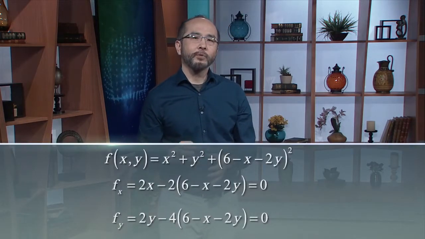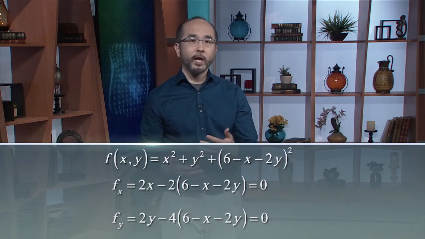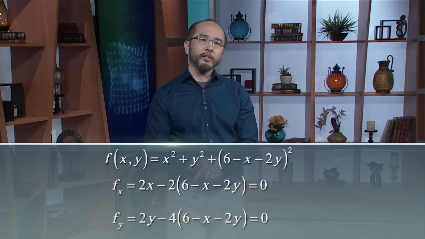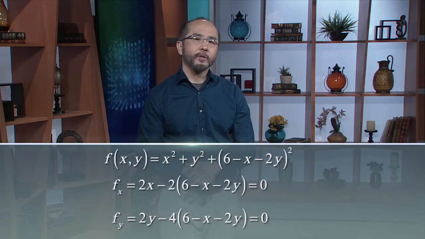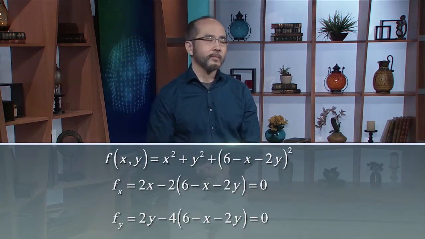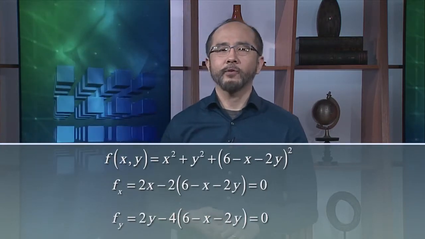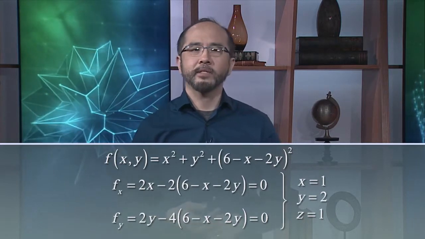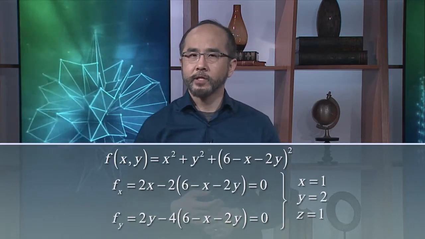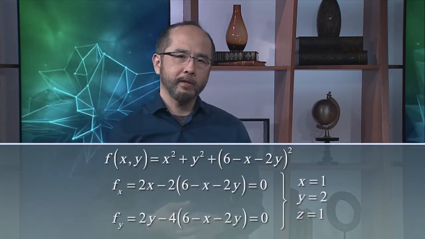So to find its critical points, I'll set df equal to 0, which means setting the partials f sub x and f sub y equal to 0. Take a look at these calculations for f sub x and f sub y and see if you agree. When you solve these equations for x and y, you will get x = 1 and y = 2, and that will imply z = 1 if you use the equation of the plane. You might pause here and try this.